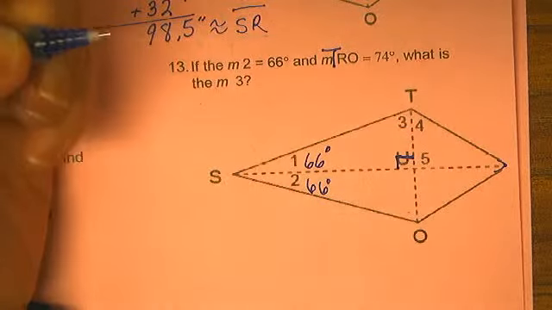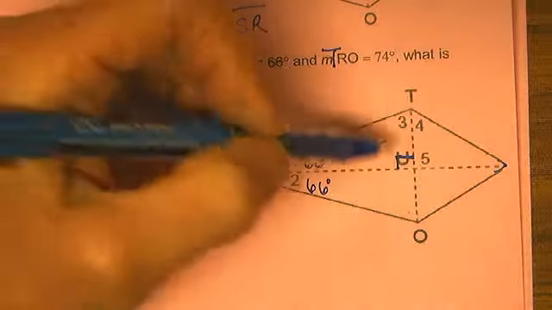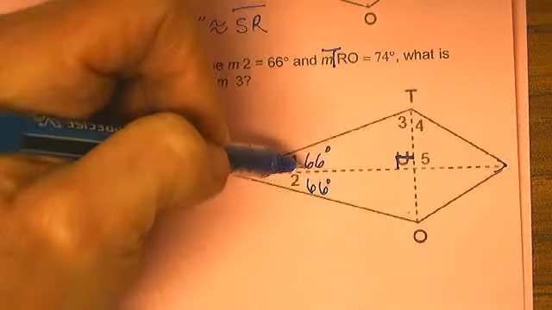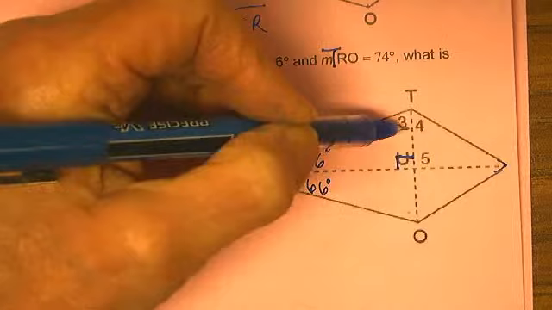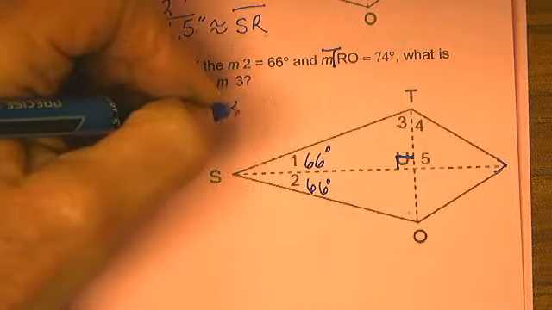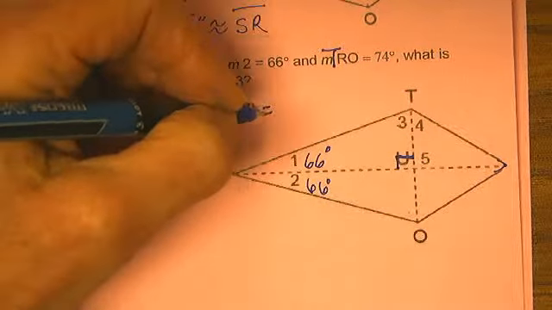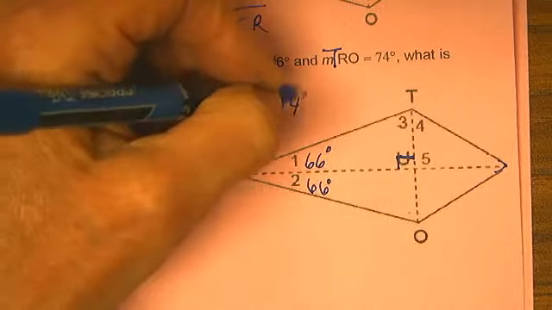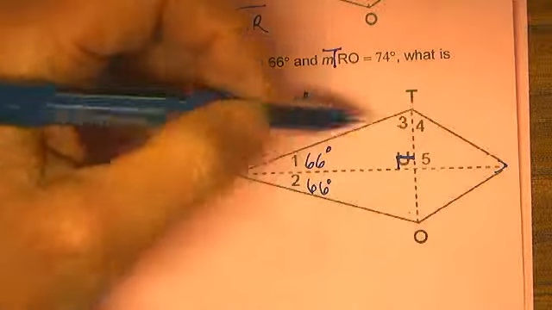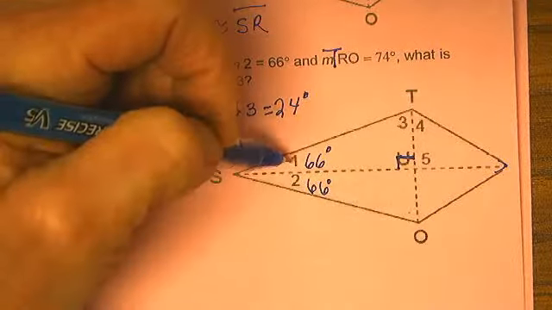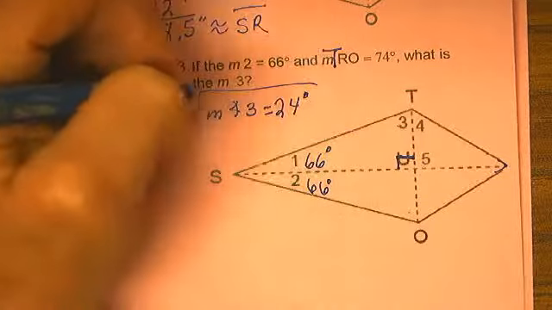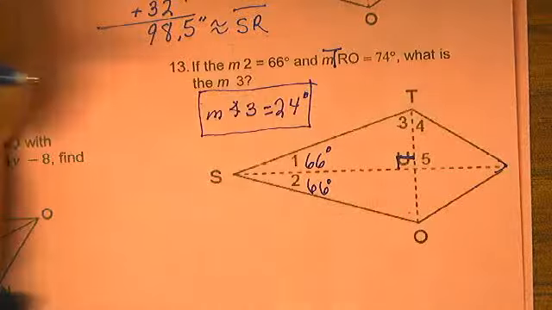But wait, there's more. If this is a right angle and this is 66 degrees, the measure of angle 3 has to be 24 degrees because the right angle plus angle 1 plus angle 3 add to 180 degrees. Pretty straightforward.